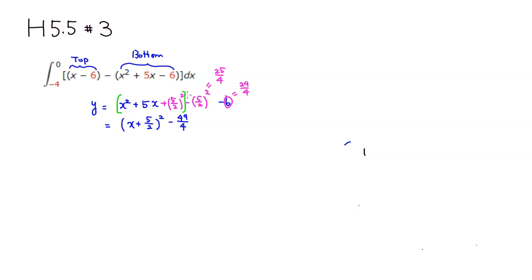So we have a vertex. The vertex is going to be x equal to negative 5 over 2, and y equal to negative 49 over 4.